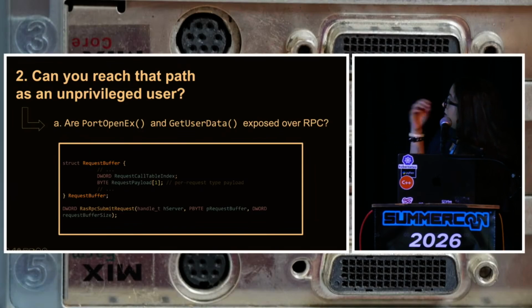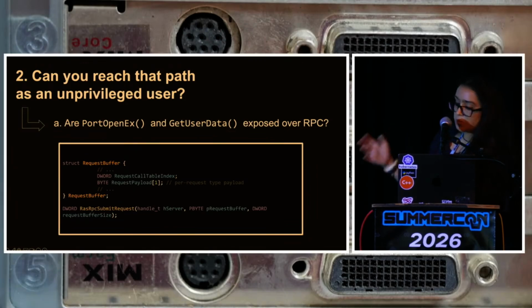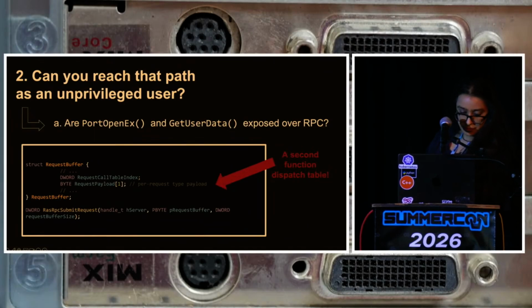I named these; these aren't the actual names. There's an index within that struct, and there's also a payload. And if you keep going with this, you can see that there's a second dispatch table hidden further within the binary, and that's reachable through calling RasRpcSubmitRequest.